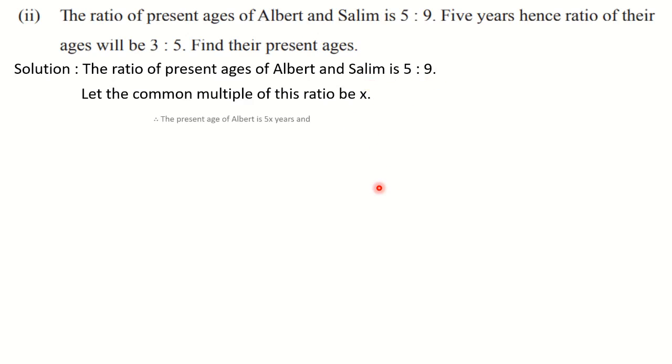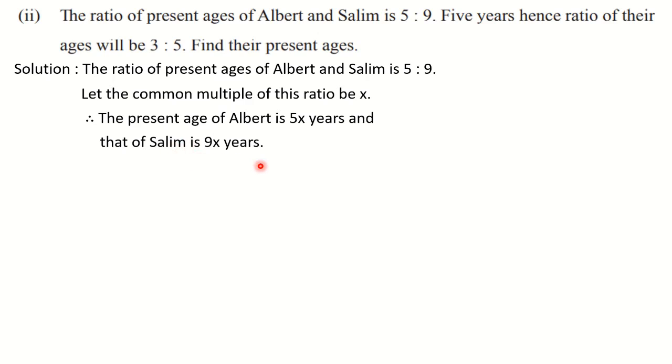So write down that. Therefore, the present age of Albert is 5x years and the present age of Salim is 9x years. Okay. So from the first statement, it was possible for us to write down these three statements. Always keep in mind to write down the ratio, take its common multiple, and from that find the things in the form of x.